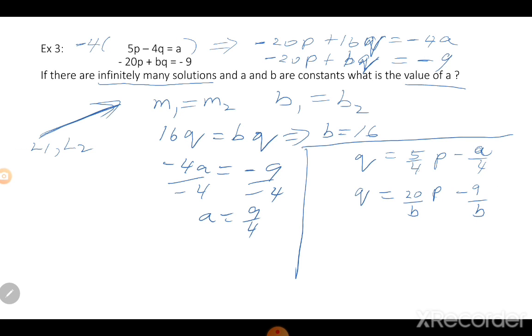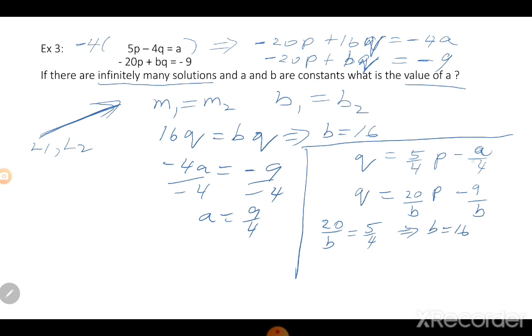Okay, so this is a here. And then you just set these equal to each other. You can just set 20 over b equal to 5 over 4. And if you did this, you see that that would give you that b is equal to 16.